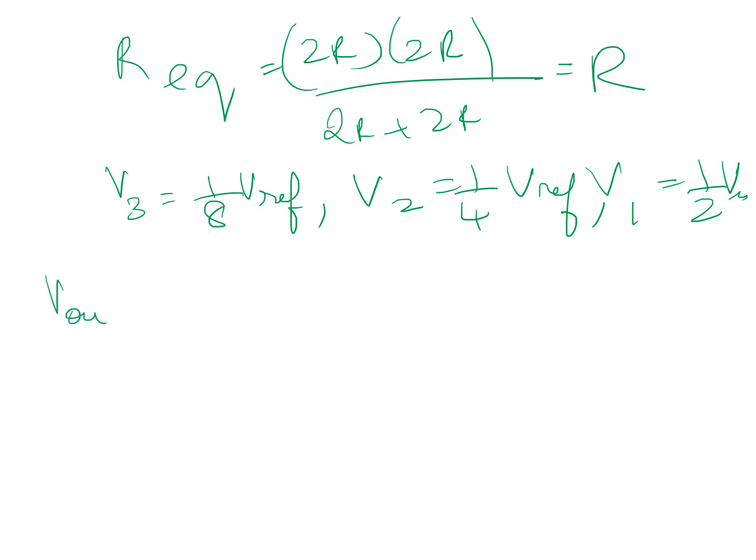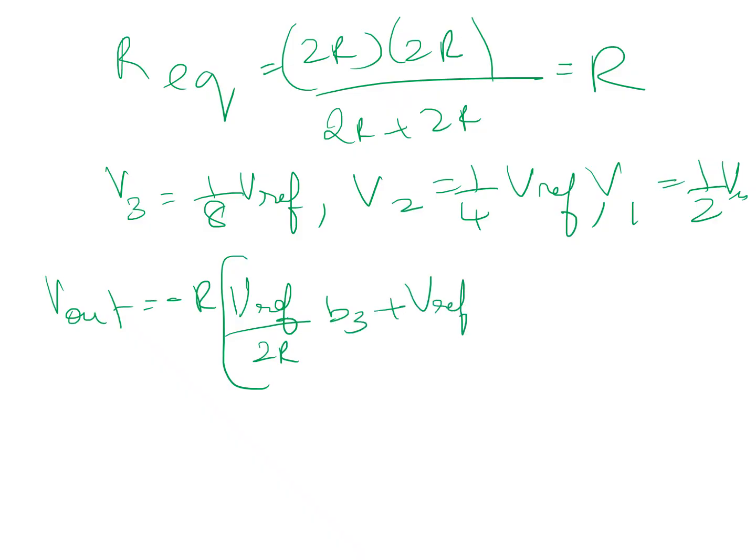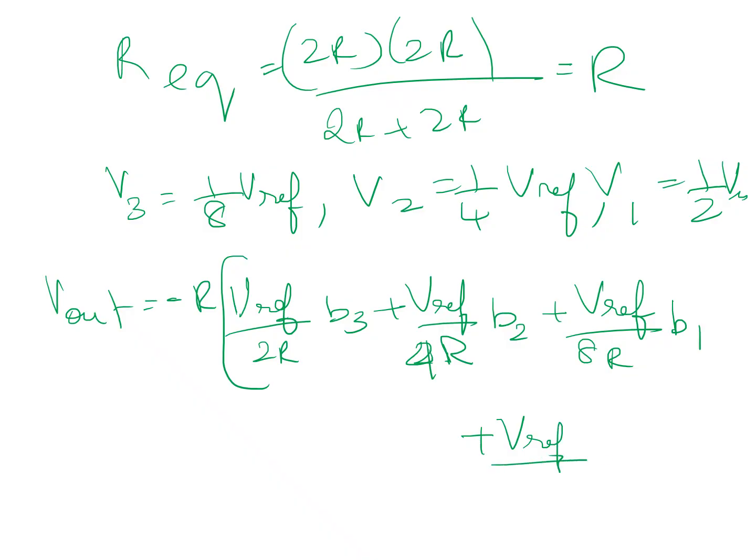Therefore, the output voltage V0 is equal to minus R into the bit 3 times V reference divided by 2R plus V reference divided by 4R into the second bit plus V reference divided by 8R into the first bit plus V reference divided by 16R into bit 0.